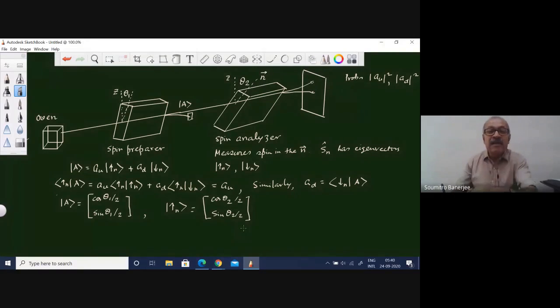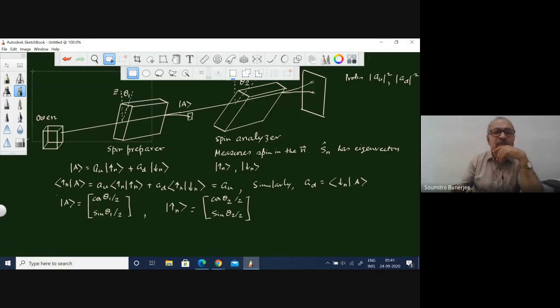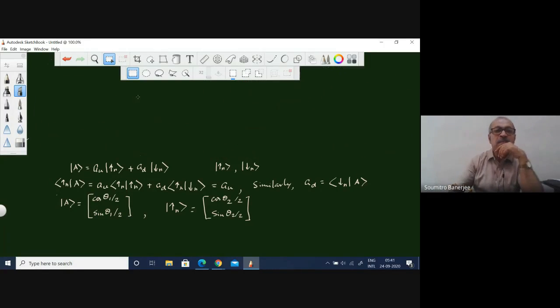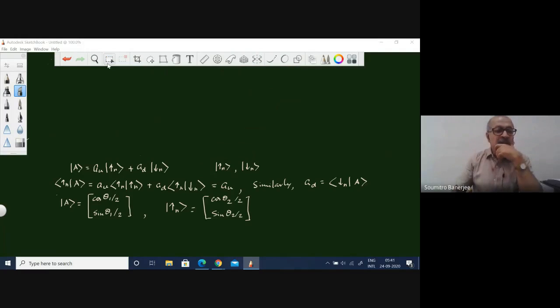And now we have to take a projection here in order to find the probabilities. So projection of this and this, that is easy to find. What I'll do is, I don't have much space here. I'll just now delete this picture and we'll carry on. Okay, now we are trying to find out up n with A. So up n, this is a bra.